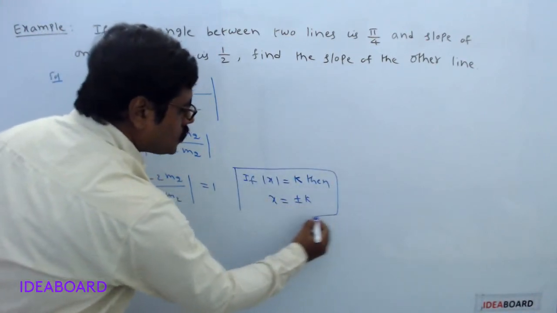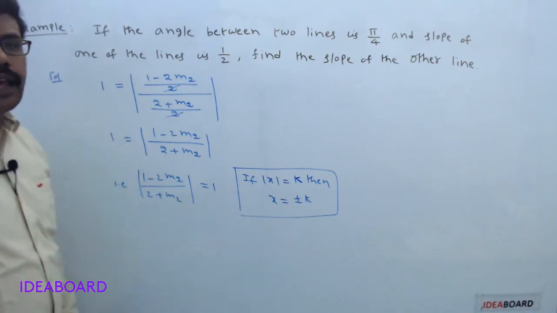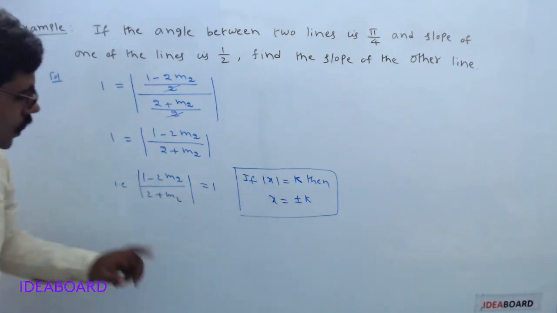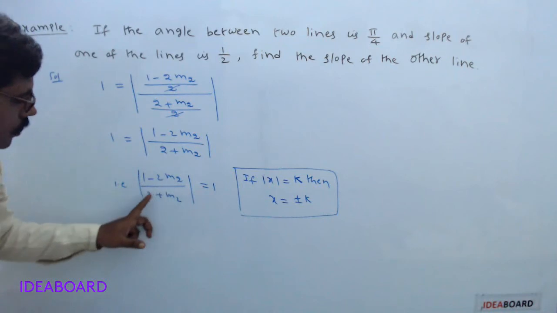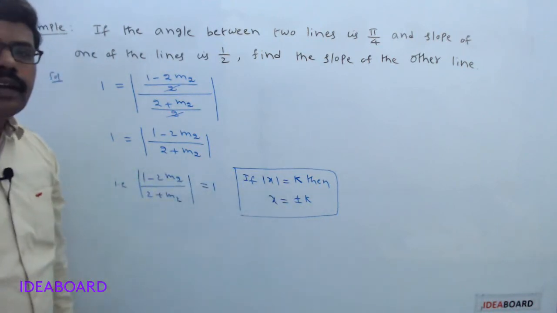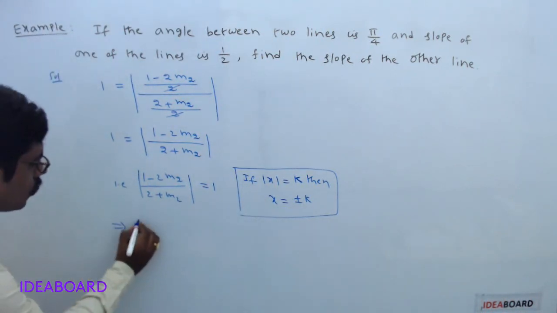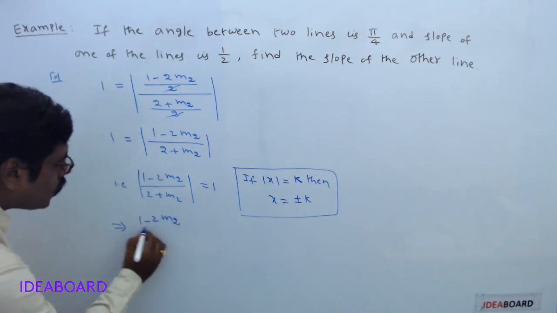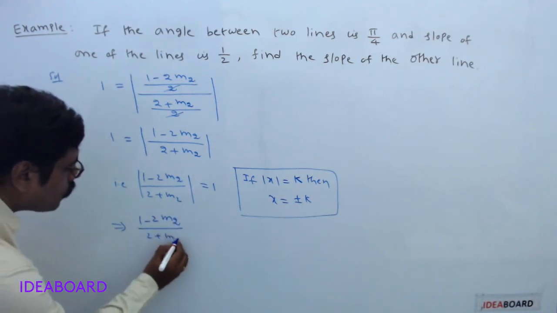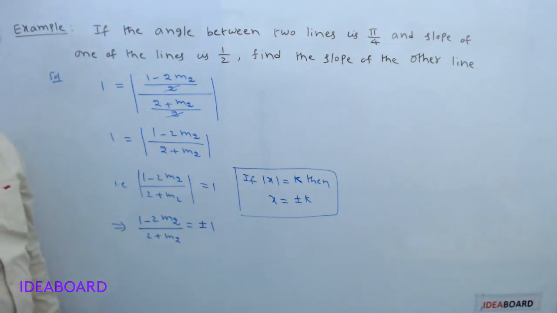If mod x equals k, then x equals plus or minus k. Here in place of x, 1 minus 2m2 divided by 2 plus m2 will be there. In place of k, constant 1 will be there. So use this result. From this, 1 minus 2m2 divided by 2 plus m2 equals plus or minus 1. Now first take the positive sign, then take the negative sign.